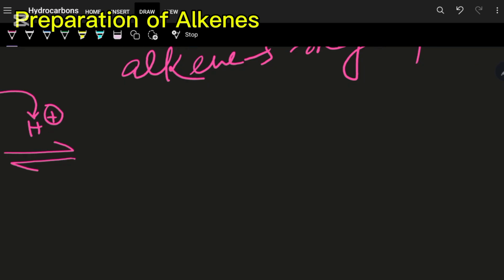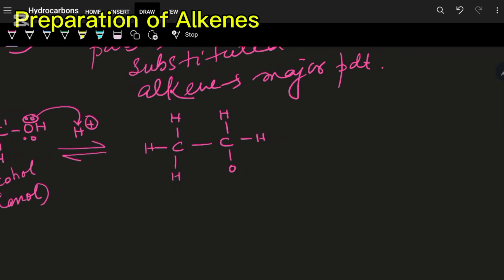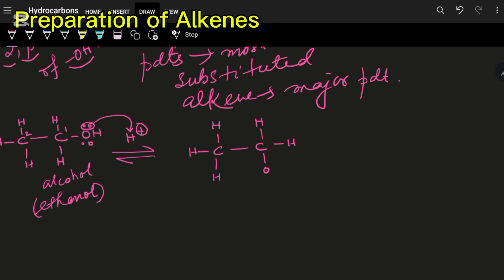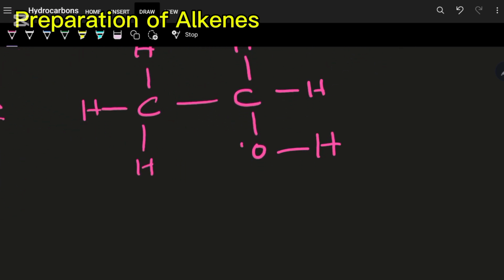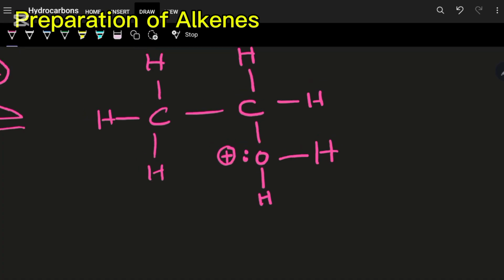So you need an alcohol made of 2 carbon atoms at minimum. So now you get CH3, CH2, and oxygen was there, H was there, and it has used one lone pair, so another lone pair remains. It has abstracted H and used one lone pair, so there is a positive charge.